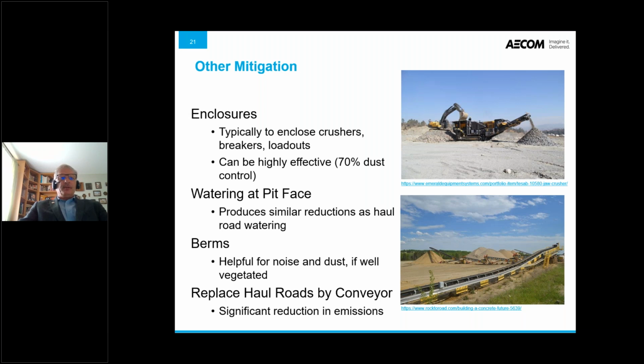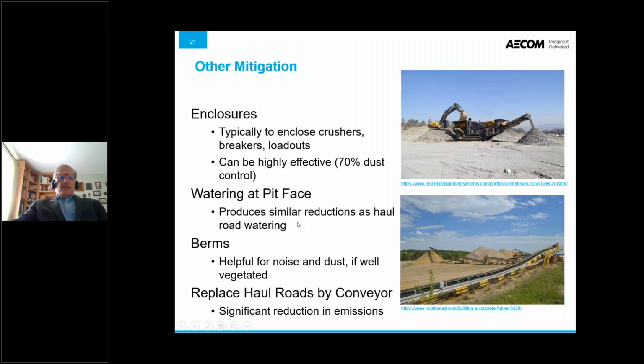Watering, we talked about that. Sometimes in gravel pits, they have a mist of water going on the piles. I think our first photo at the beginning of the presentation was a good photo showing this misting of the piles in a real gravel pit.